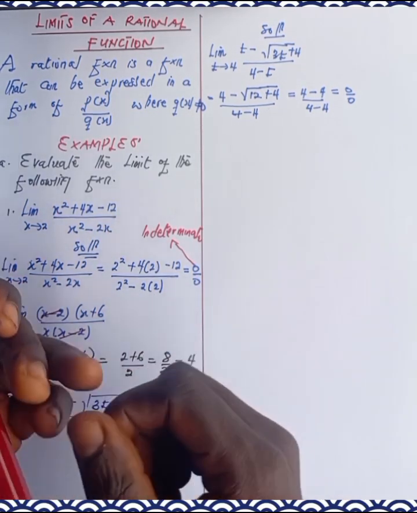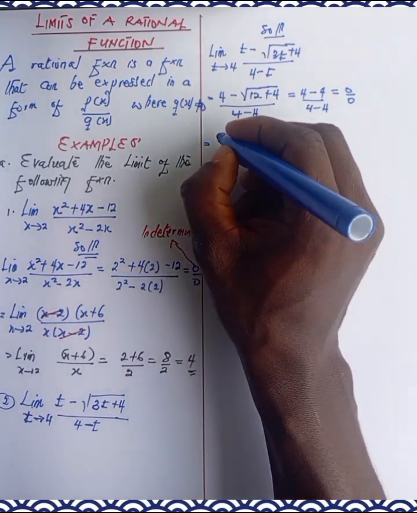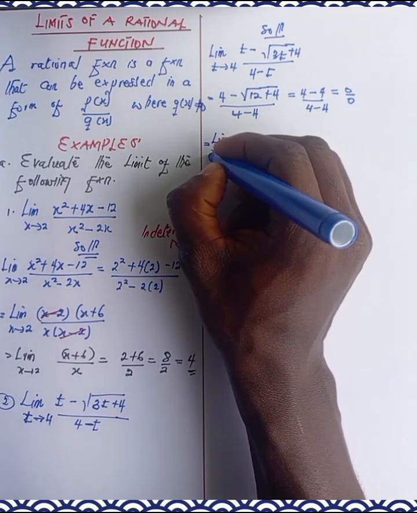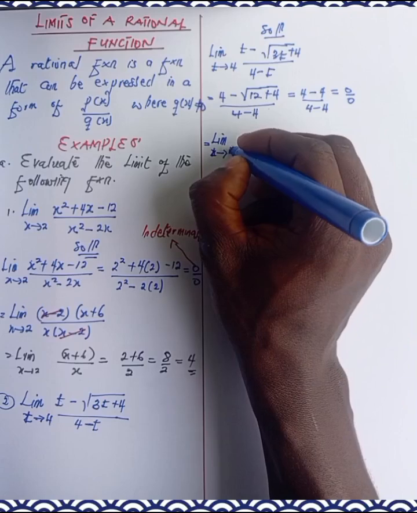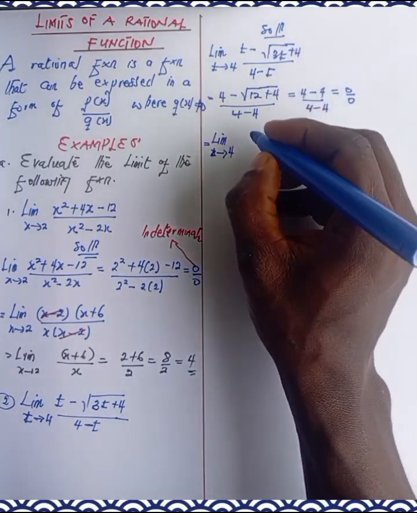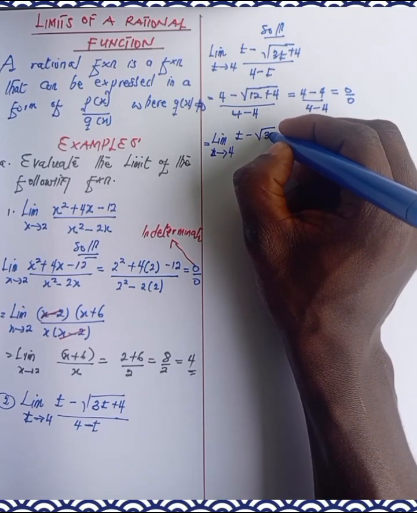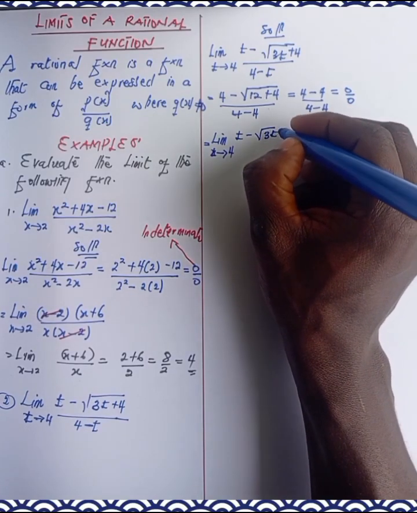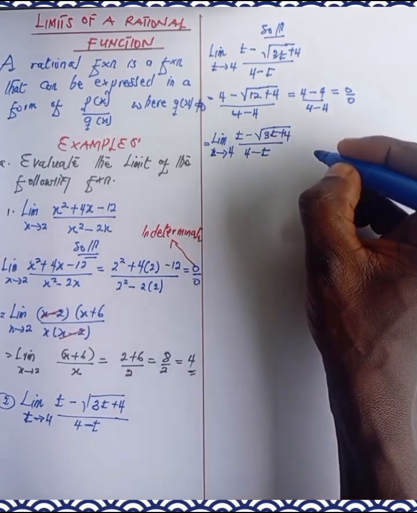So we are going to get the limit as t approaches 4, and then t minus root of 3t plus 4 all over 4 minus t.